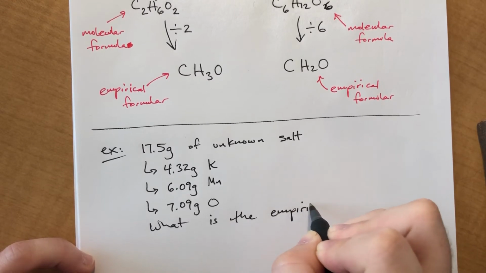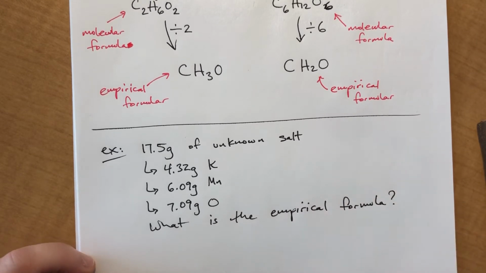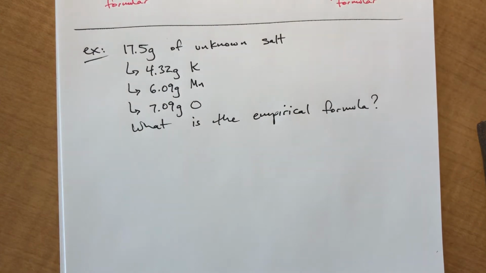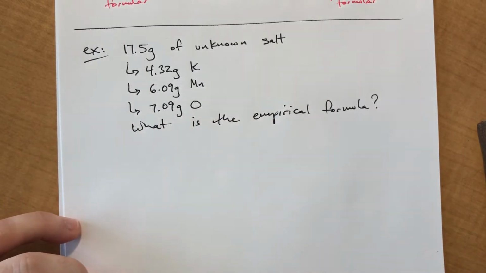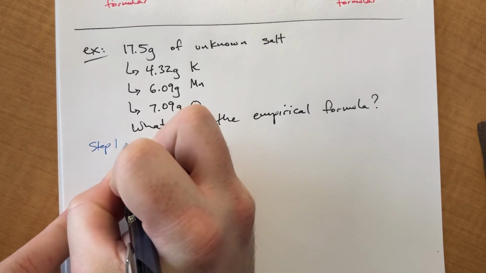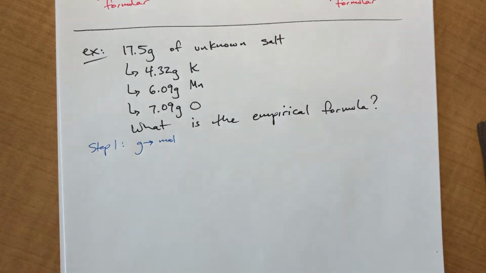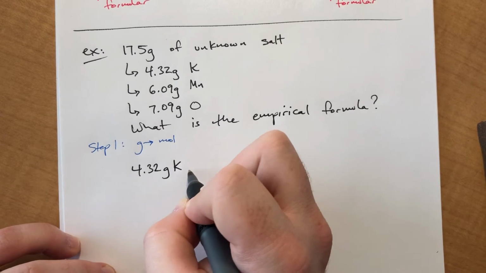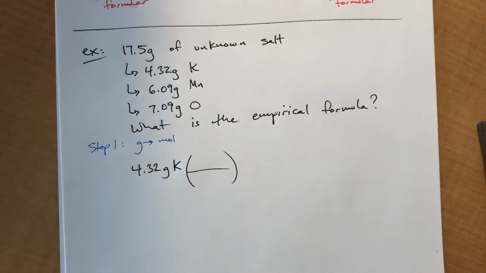There is a process to this, and it's kind of tedious, and I apologize up front. So the first step is basically we would like to convert each of these to moles. Step 1, you're going to convert grams to moles. For 4.32 grams of potassium, you're going to convert from grams to moles using the periodic table.